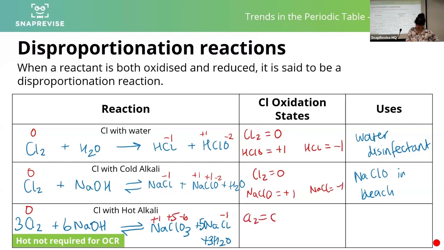Because we've got the extra heat, we can get a further oxidation of chlorine in this disproportionation reaction. So NaClO3 has an oxidation state of +5, and then NaCl as normal. When is that useful? Let's finish up by saying, again, it's also bleach. So NaClO3 is a compound of bleach, or it can be used as bleach, and in weed killer.